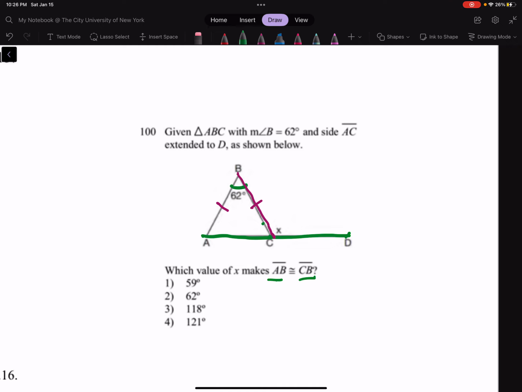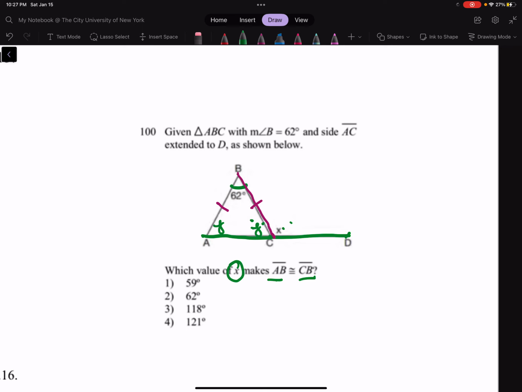congruent angles over here. So let it be y, let it be y. Okay. So to find the value of x, first let's determine y. If we can determine y, we can determine x because they are supplementary, all right?